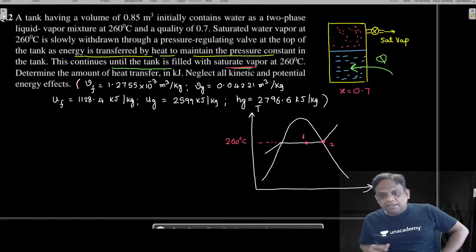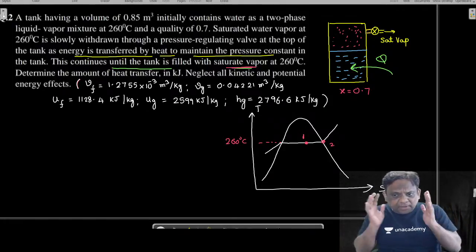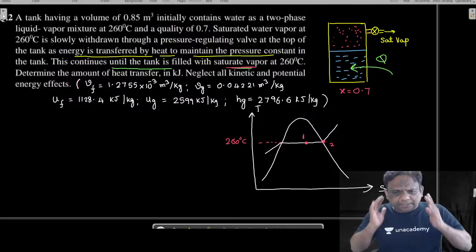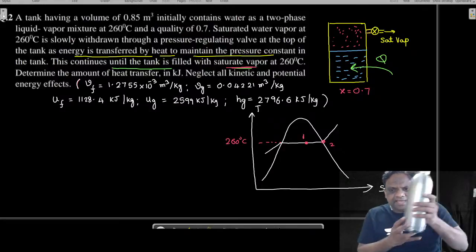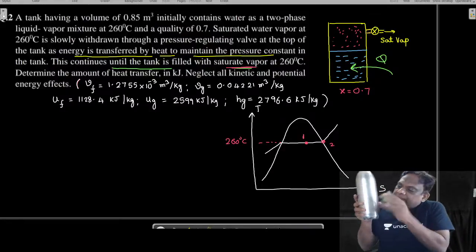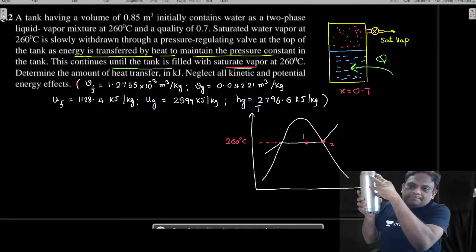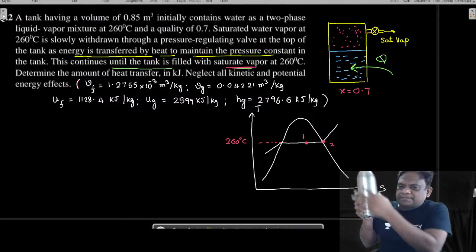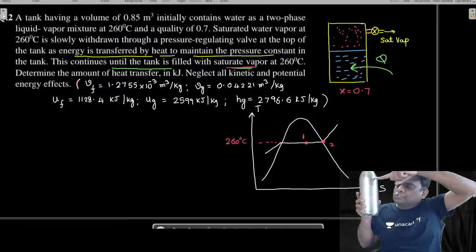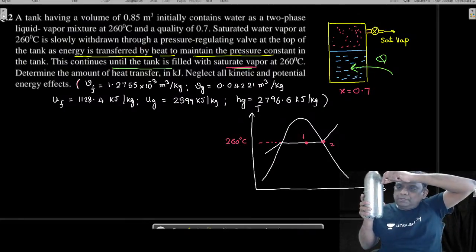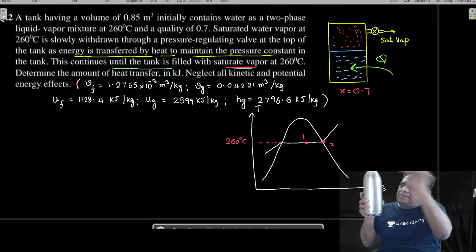Wonderful, my dear students. Is the question clear? Let me explain clearly. In the tank, there is liquid and vapor, and the dryness fraction of this mixture is 0.7. At the top, there is a valve. The valve is opened and the saturated vapor is taken out.